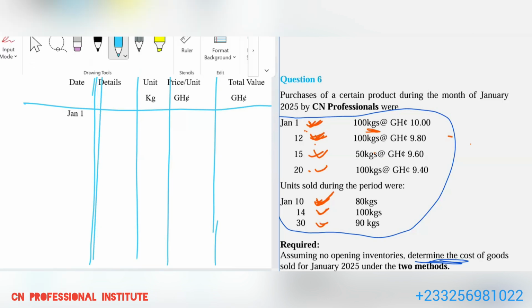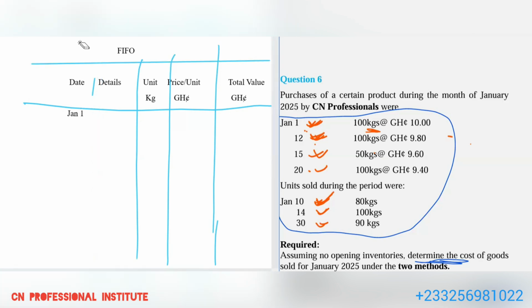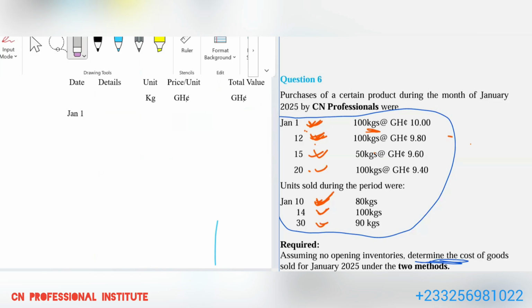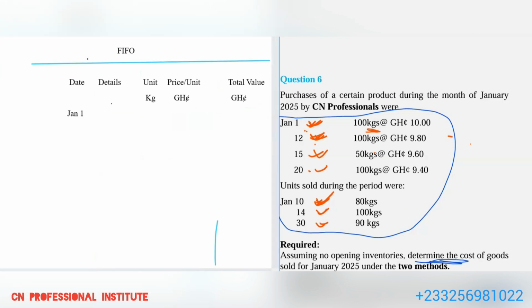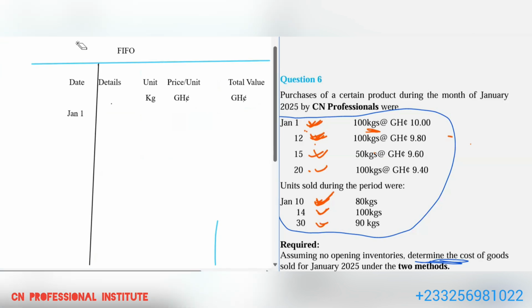Let me see, there's a better way for me to draw. So let me draw again. I'm going to do this one here like this. Then let me wipe this and change the color.